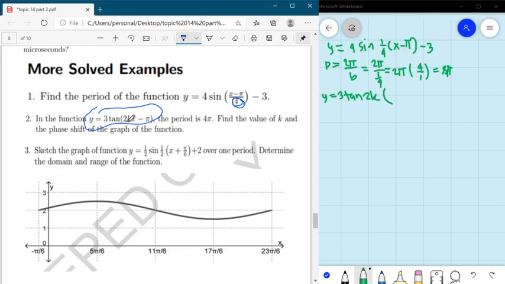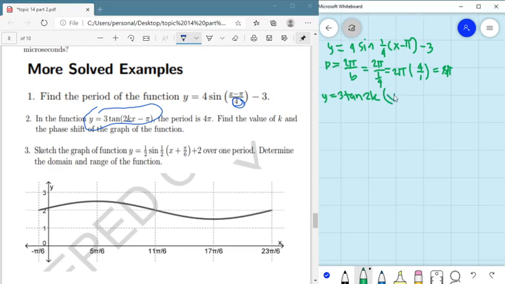So 2kx divided by 2k is equal to x, so only x is left inside. Then negative pi divided by 2k becomes minus pi over 2k.